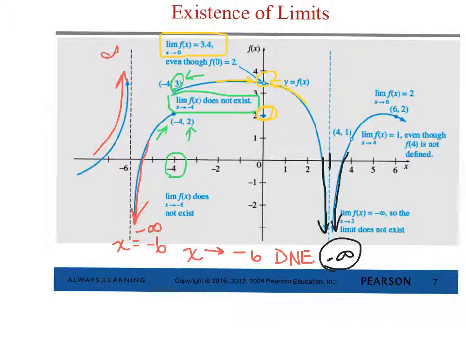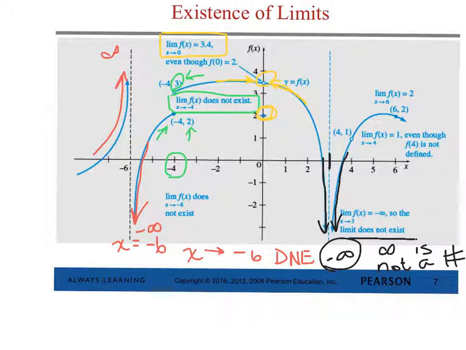But although those are the same, the limit doesn't exist because infinity is not a number. It's just a place on the number line that we will never find. It's a concept.